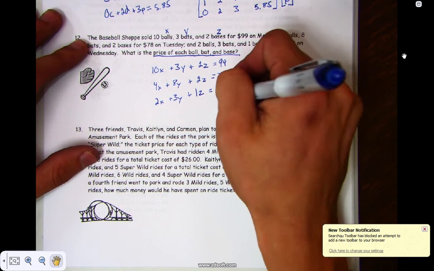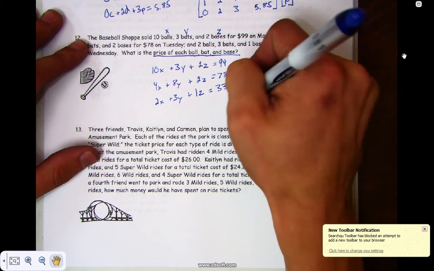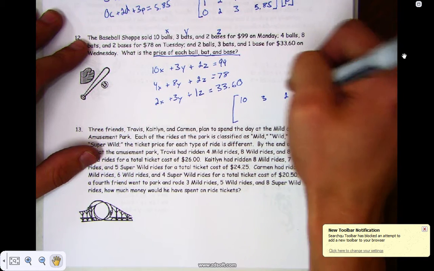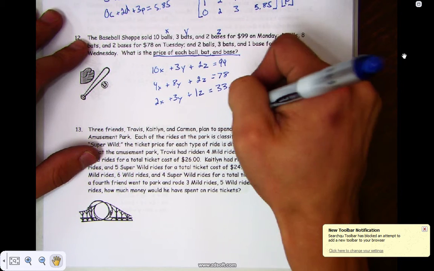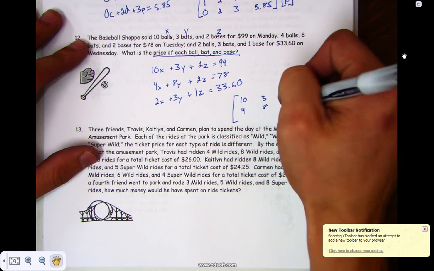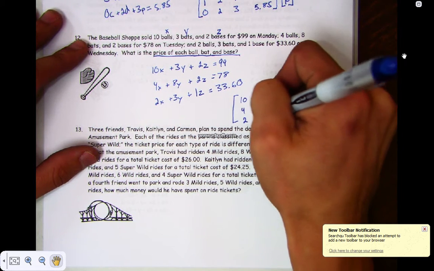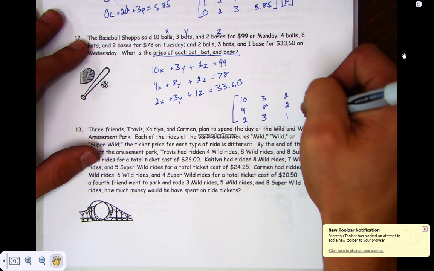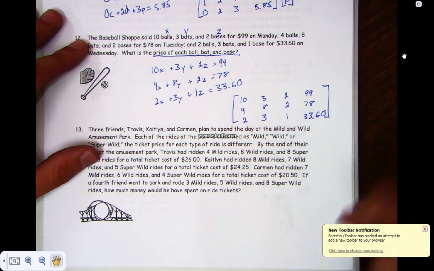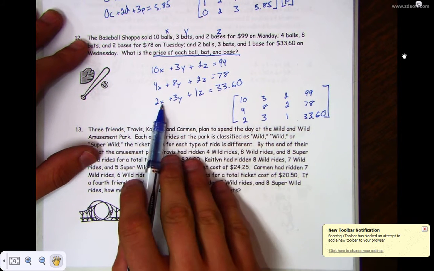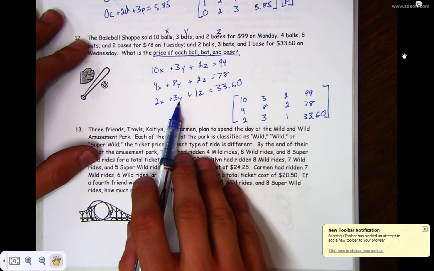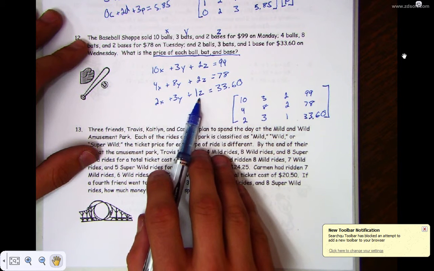If we wanted to solve it, put it into a matrix: 10, 3, 2, 99, 4, 8, 2, 78, 2, 3, 1, 33.60. That's what we'd enter to find out x, the price of our balls, y, the price of our bats, z, the price of our bases.